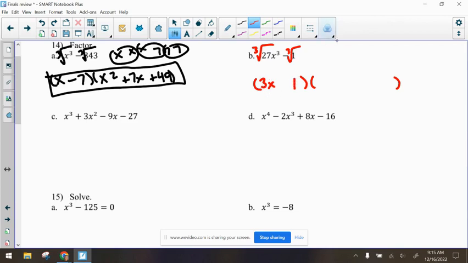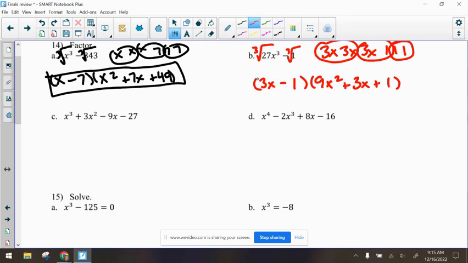Cube root of 1 is just 1. So then I do circle SOAP, write each one out 3 times, circle them in groups of 2 to get 9x squared, 3x, and 1. Signs are SOAP, again, same, opposite, always positive.